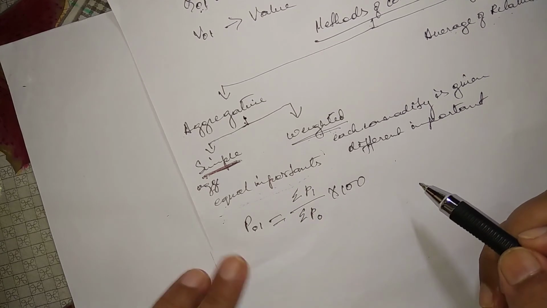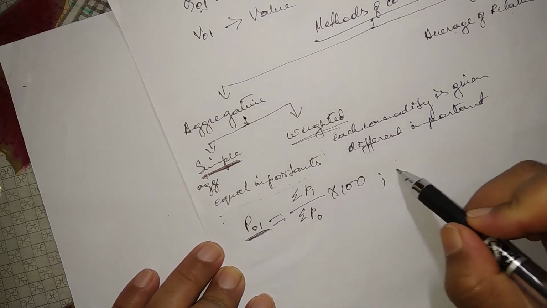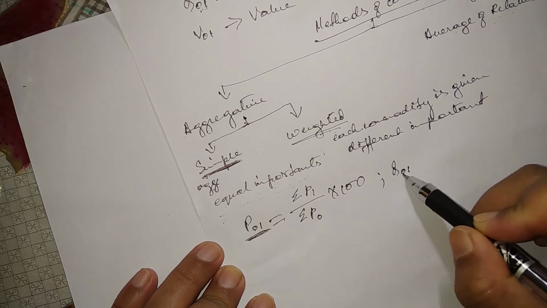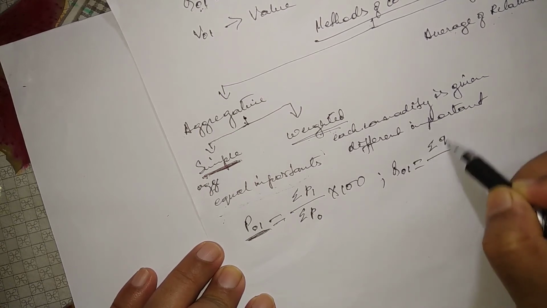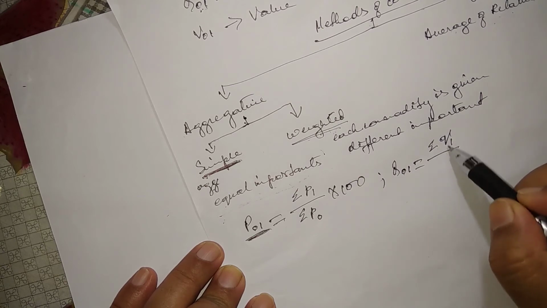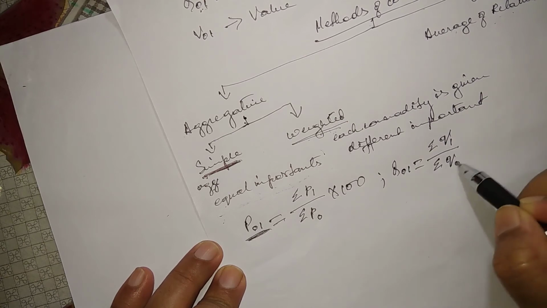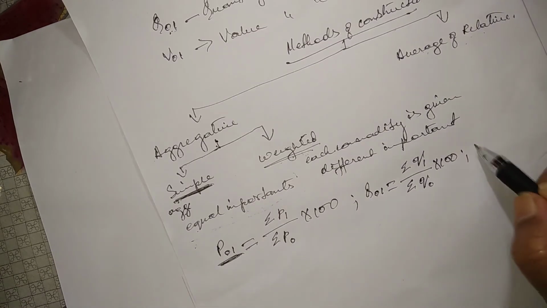Okay, so this is the price index. And the quantity index of the current year on the base year is given by summation Q1, that means the total quantity of the current year, divided by the total quantity of the base year, multiplied by 100. Got it?